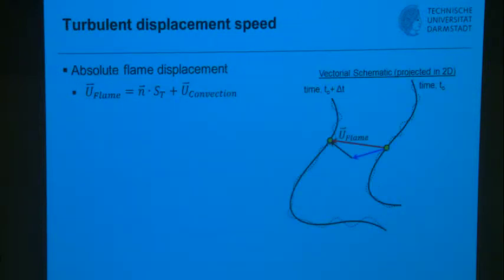This is visualized over here in a 2D schematic. Of course, everything now is 3D. Some illustrations come later on about that. So you measure the flame front, for example by OH-LIF in a sheet here. With a certain resolution, you receive the apparent flame front.